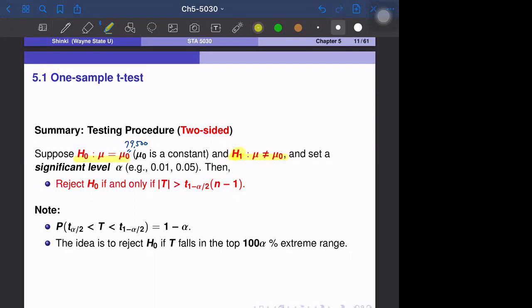In this case, we reject the null hypothesis if and only if the absolute value of the T statistic is larger than T sub 1 minus alpha over 2. Alpha is usually a small number called the significance level. If this is 0.05, this part is 0.975, as we've seen in the previous slide.